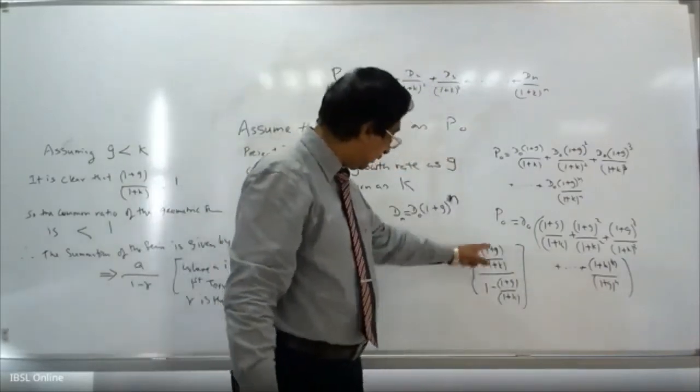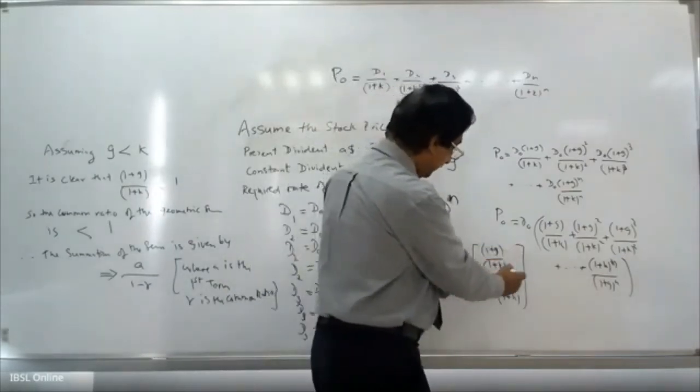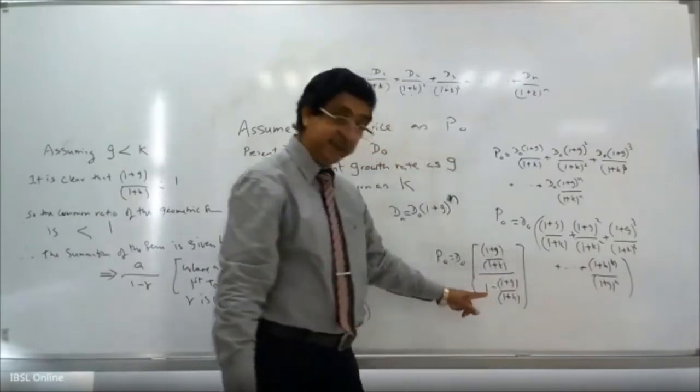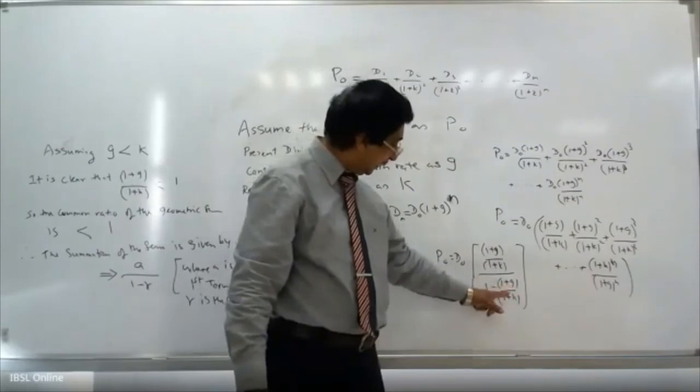D0 into, now this is A, 1 plus G over 1 plus K. Then to the denominator you get 1 minus R. R is also 1 plus G over 1 plus K.